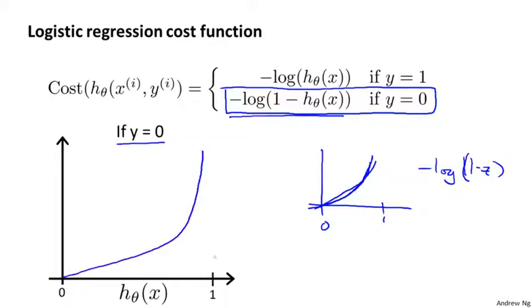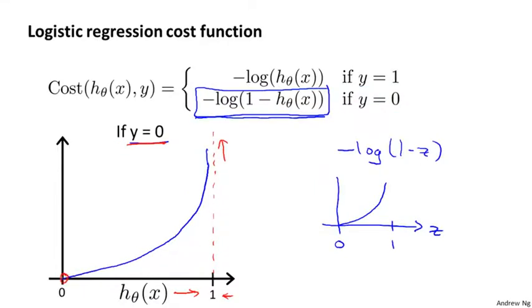And what this curve does is it now blows up and goes to plus infinity as h of x goes to 1, because this is saying that if y turns out to be equal to 0, but we predicted that y is equal to 1 with almost certainty, with probability 1, then we end up paying a very large cost. And conversely, if h of x is equal to 0 and y equals 0, then our hypothesis nailed it. It predicted y is equal to 0, and it turns out y is equal to 0. So at this point, the cost function is going to be 0.